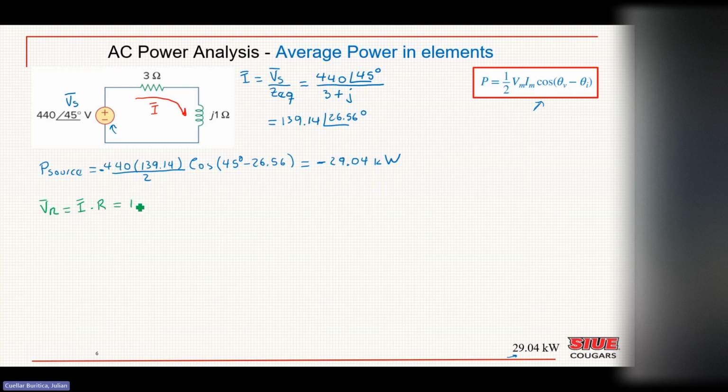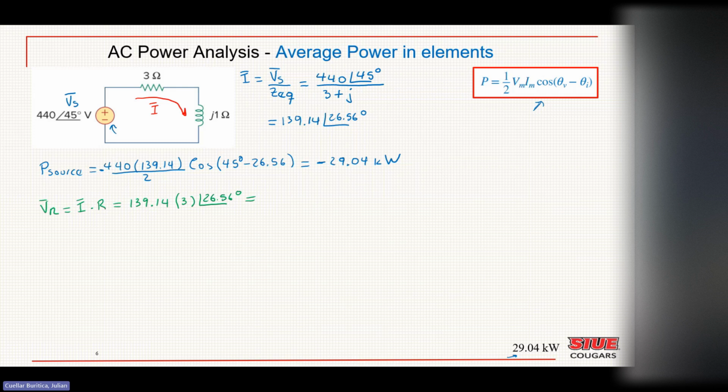That's going to be 139.14 times 3 at an angle of 26.56 degrees.